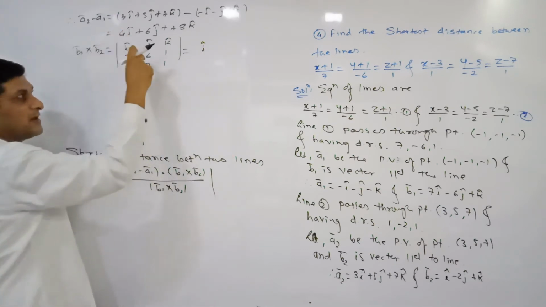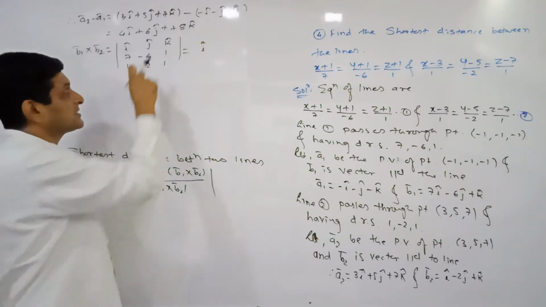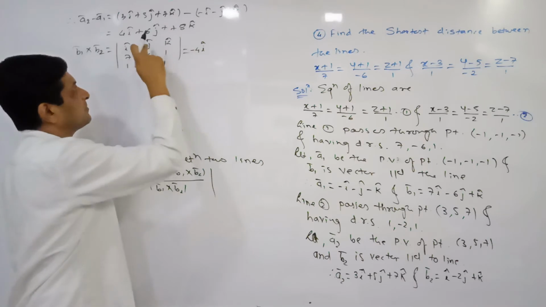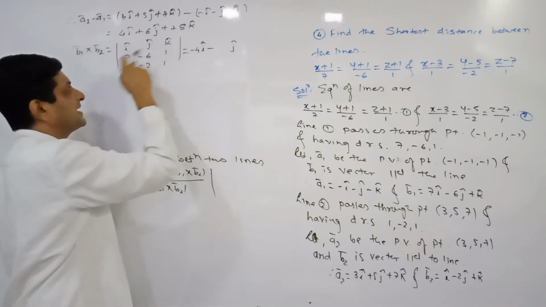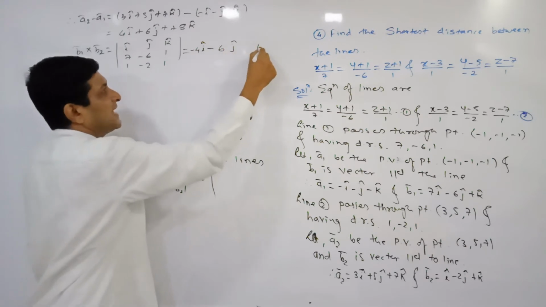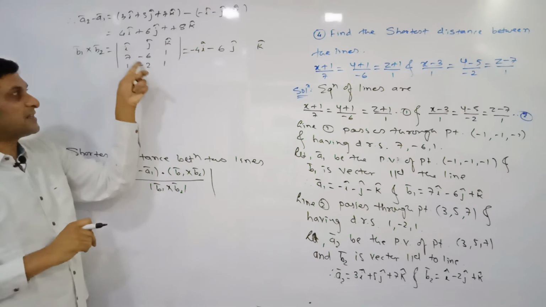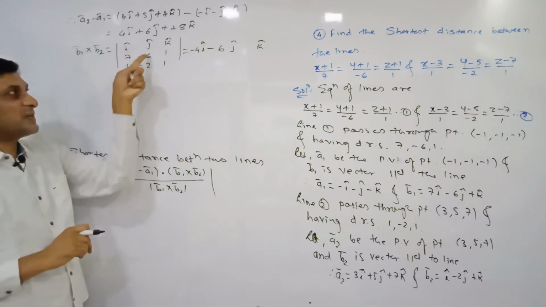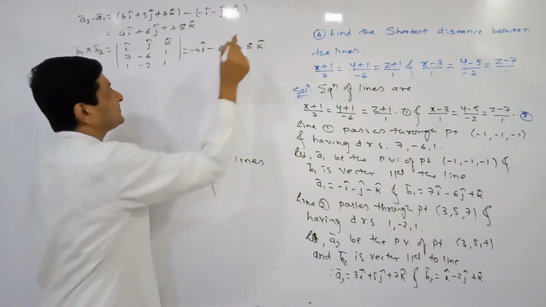So delete this column. Minus 6 minus minus means plus 2. Minus 6 plus 2 will be equal to minus 4. Then plus j cap is there, so take minus j cap, delete this column. 7 minus 1 will be equal to 6. Lastly, let us find the value of k cap. Delete this column. This product is minus 14 minus minus means plus 6. Minus 14 plus 6 will be equal to minus 8.